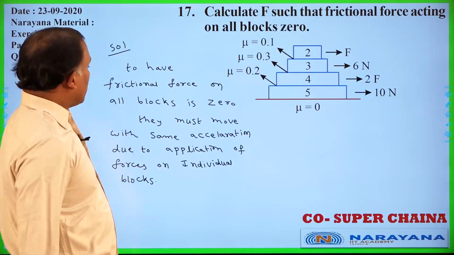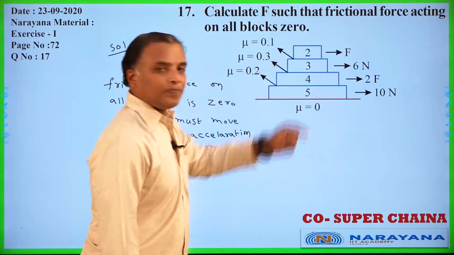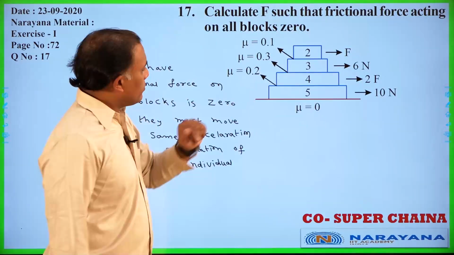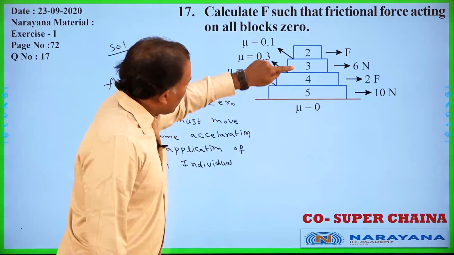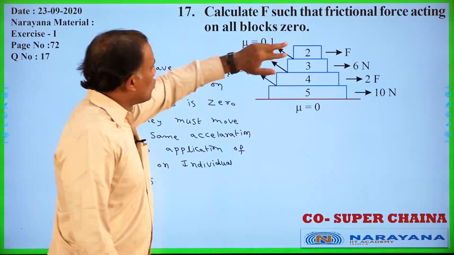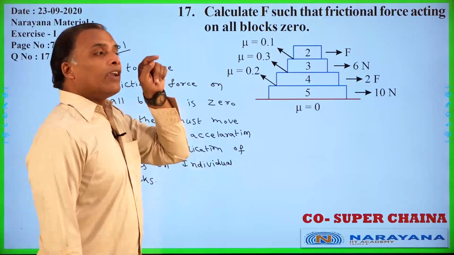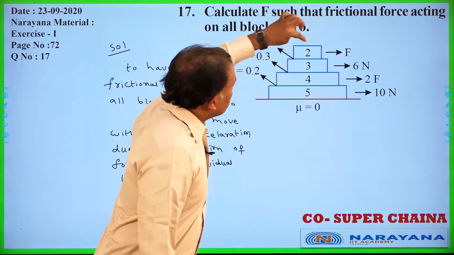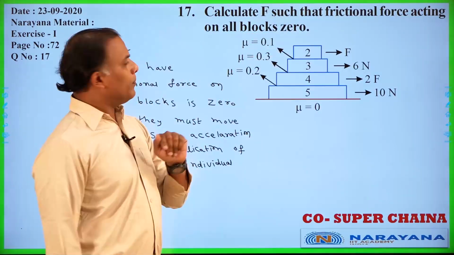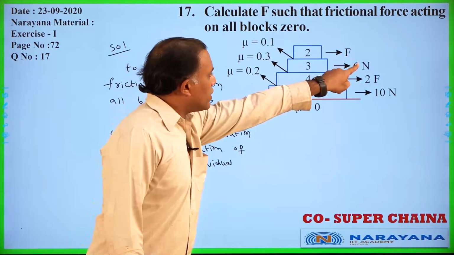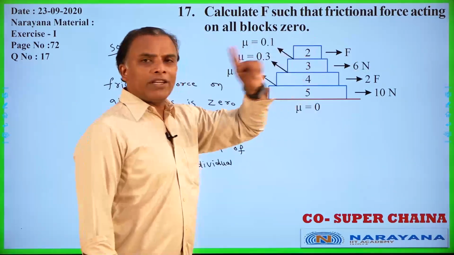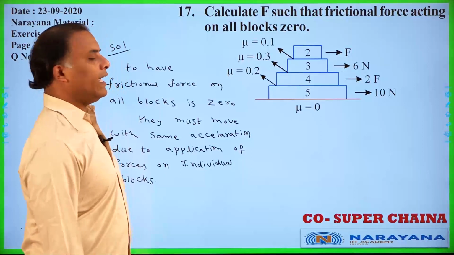On each and every individual block, some forces are acting. Due to this force, this needs to move with some acceleration. So whatever acceleration this one has, the same acceleration this one should have. This 3 also must have the same acceleration, the 2 also. And that acceleration is because of the force F only, and this 3 kg will have the acceleration because of that 6 Newton only. And this 4 will have the same acceleration because of that 2F only.